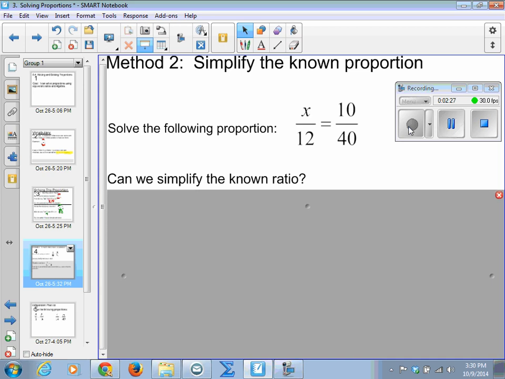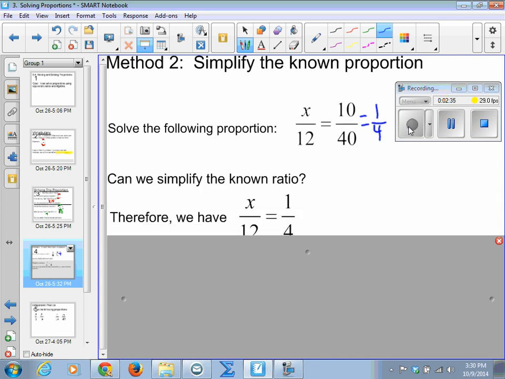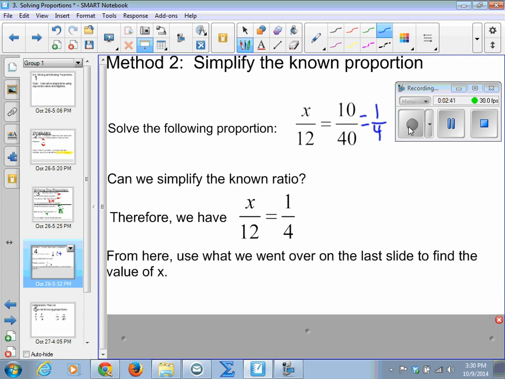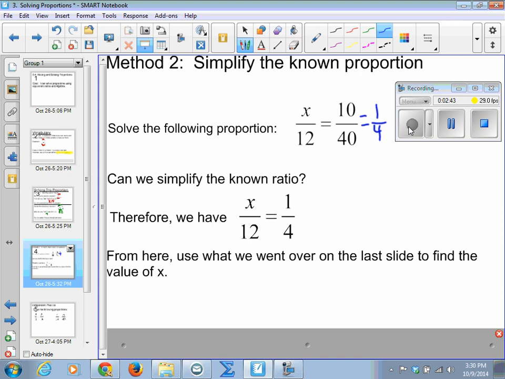So 10/40ths can work down to 1 over 4. So now we have this proportion, x over 12 equals 1 over 4. And then think about from the last slide what we did. We can get from 4 to 12 by doing times 3. So we do 1 times 3. And therefore x equals 3.